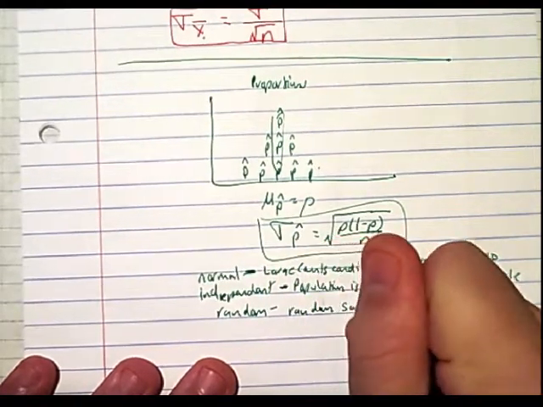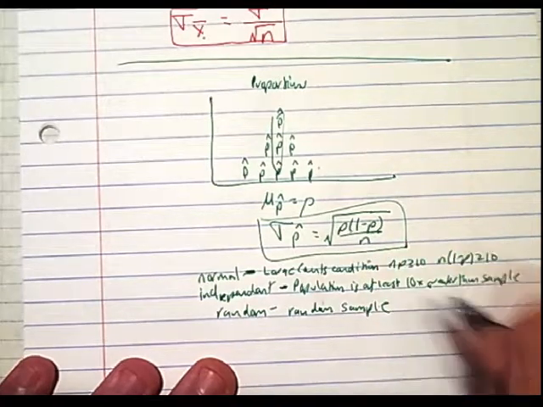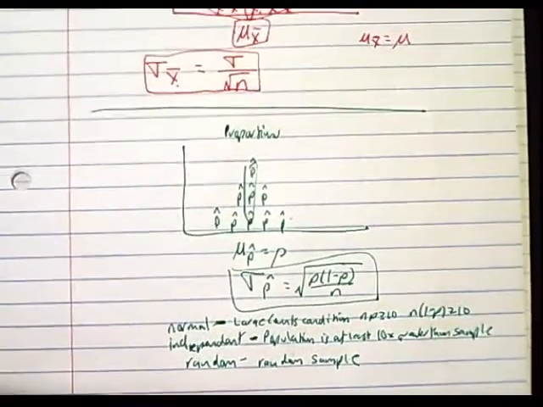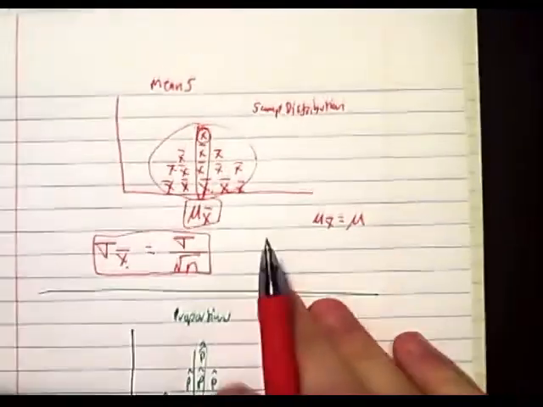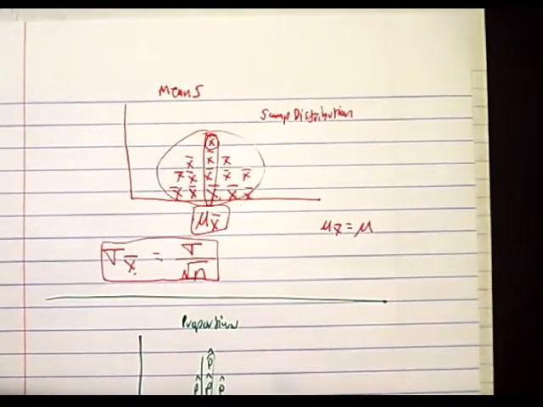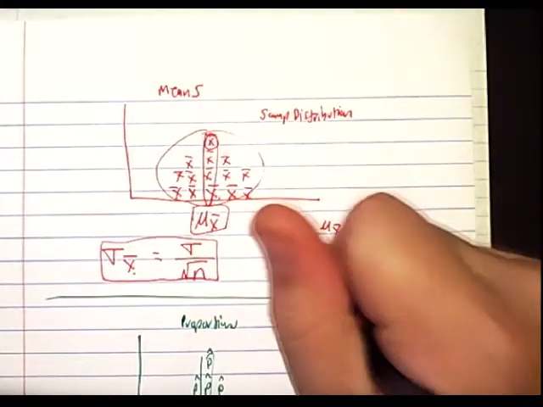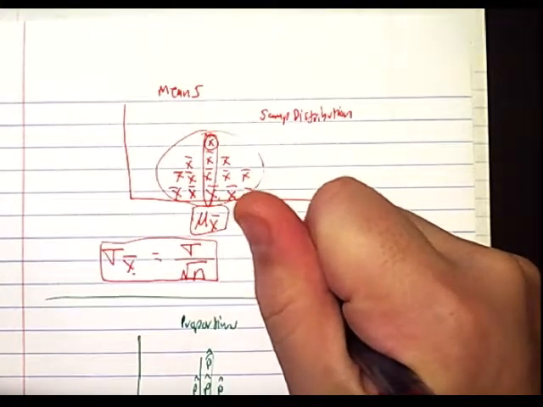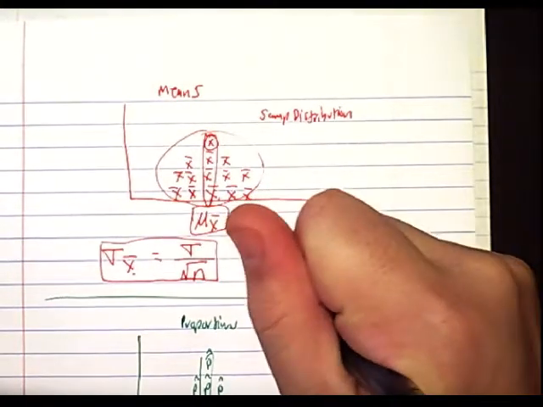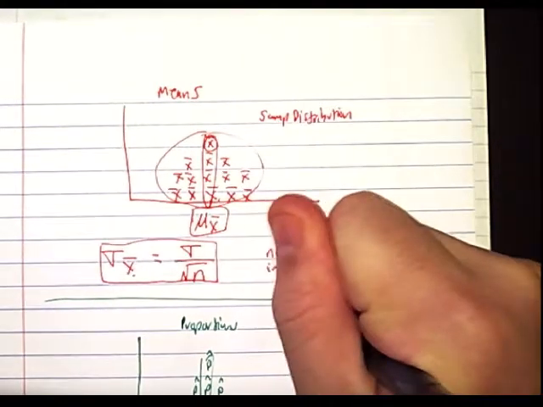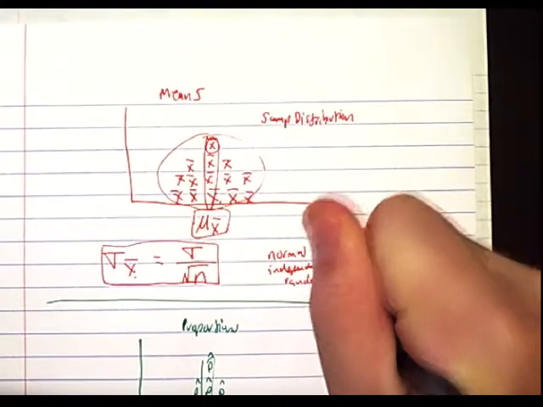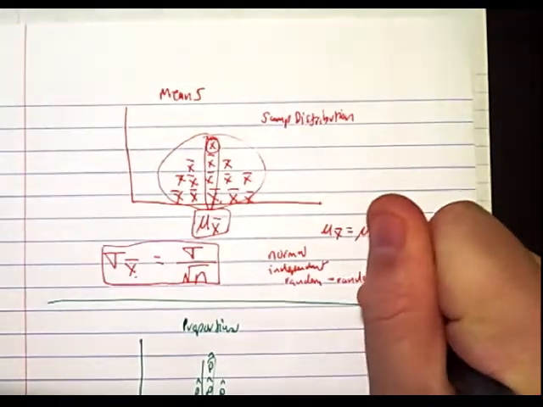There has to be some element of randomness in choosing or selecting people. Up here, when we deal with means, those same three conditions have to take place: normal, independent, and random. And random, same idea. Data needs to come from a random sample.